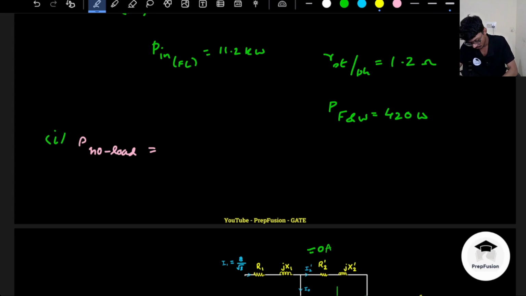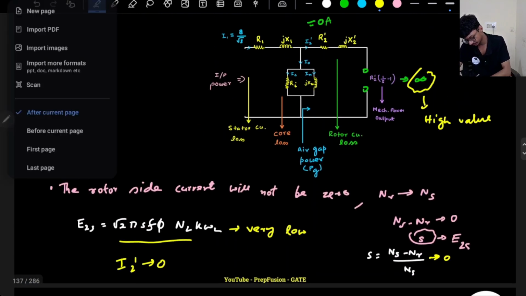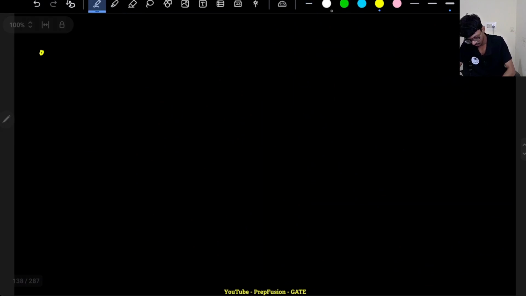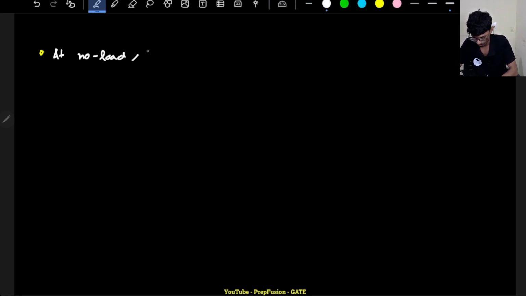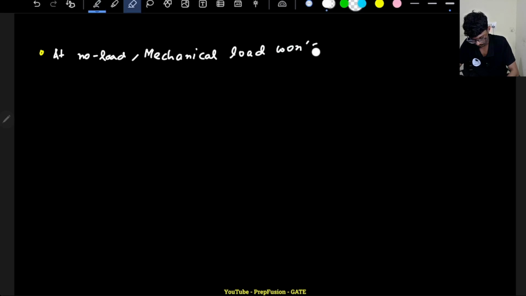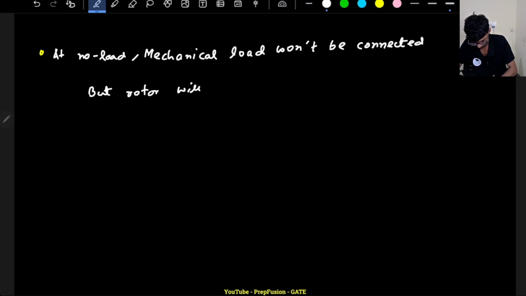So here I want to comment that at no load, mechanical load won't be connected, but the rotor will still rotate very close to NS.